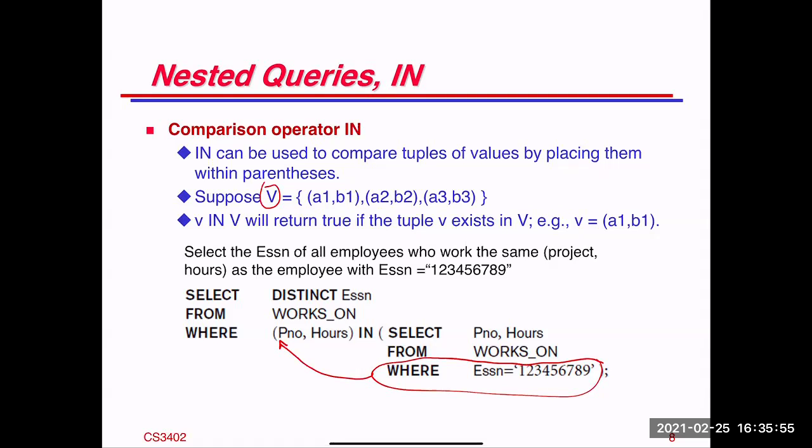Okay, so what is that going to give me if I don't have this nested query, if I just have this condition? Well, it's just going to select all tuples that are being worked on by this employee with the social security number. So it won't select anything else except that.